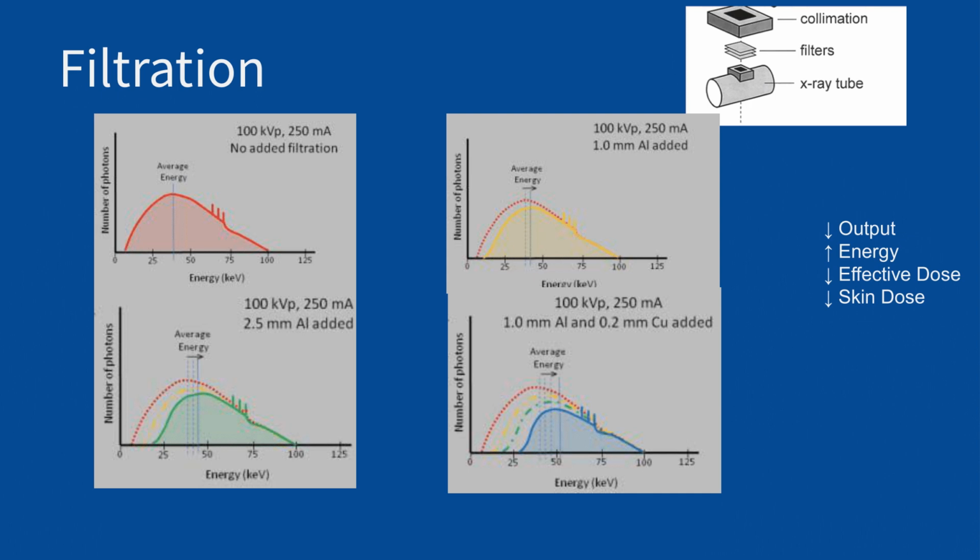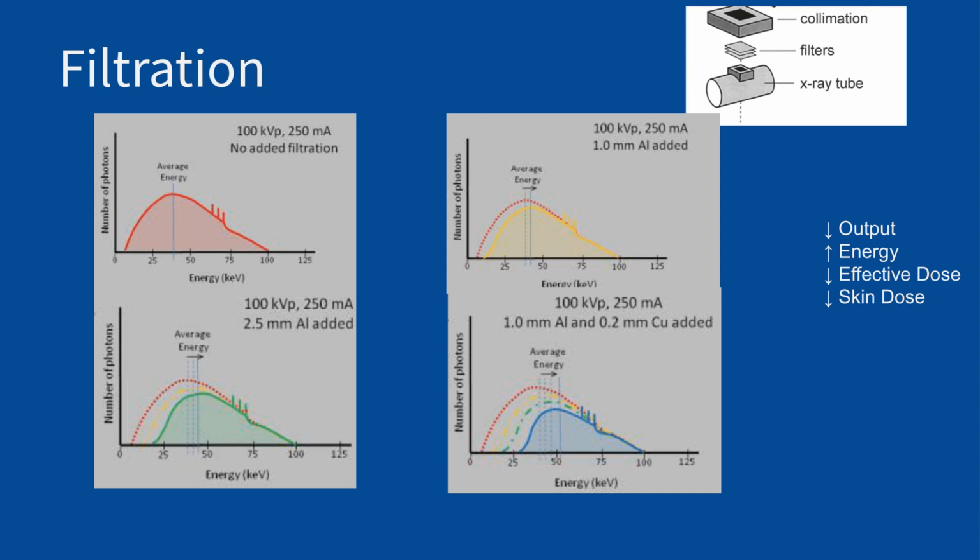So we remove X-rays of lower energies that are not useful to us anyway, and really overall then increase the energy of that beam. The result is we need fewer X-rays since we have that increased energy. We then decrease the effective dose because none of the lower energy X-rays get deposited in the skin of the patient.